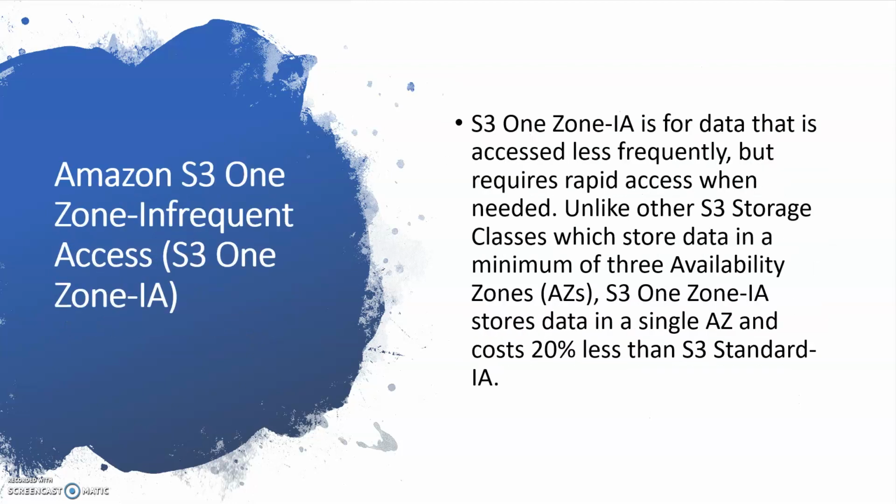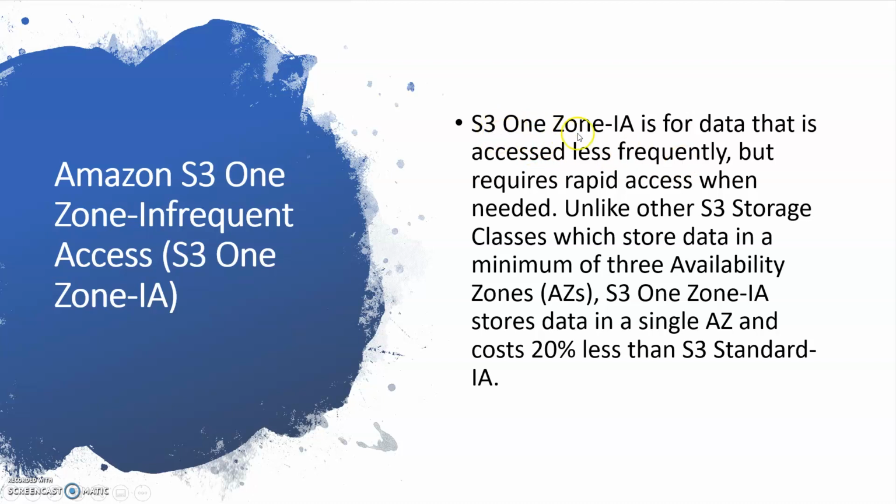But with One Zone-IA, your data is stored in only one availability zone, and if that availability zone is destroyed by a natural disaster, you will lose all your data. So it's going to cost you a little less, but your data is at very high risk, I believe.